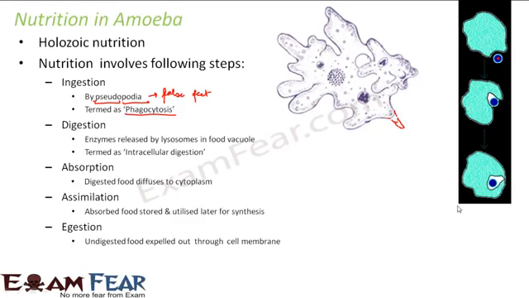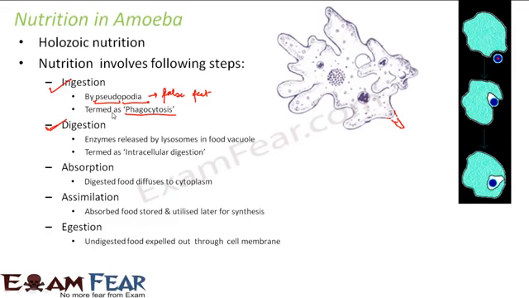Now the next step is digestion. How is the food digested? The enzymes are released by lysosomes in the food vacuole. As I said, a food vacuole will be formed by the end of the ingestion process. Now in that food vacuole, some enzymes will be released by the lysosomes. What are lysosomes?